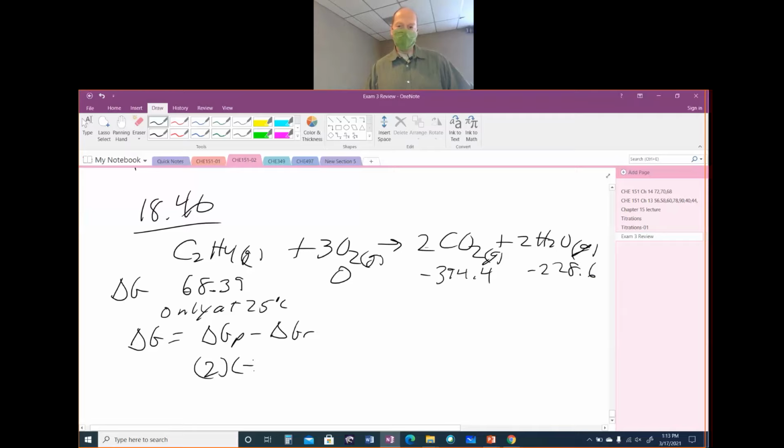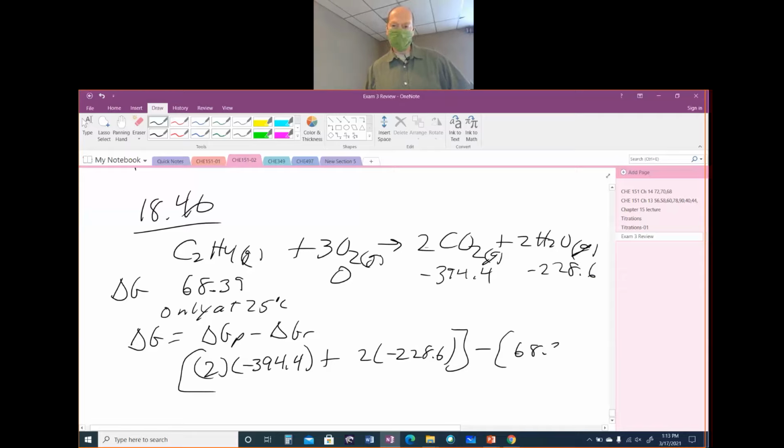So 2 times negative 394.4 plus 2 times negative 228.6, that's your products, minus reactants, and that is simply the 68.39, and then you push the buttons and you have your delta G.